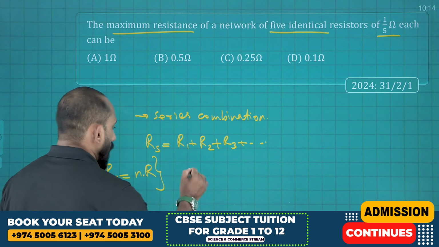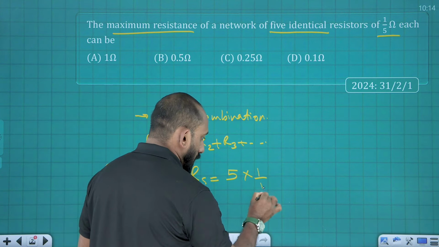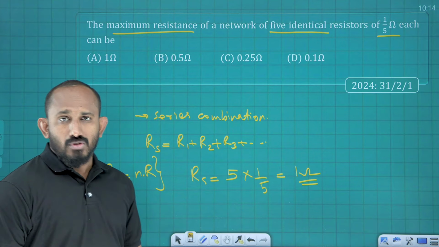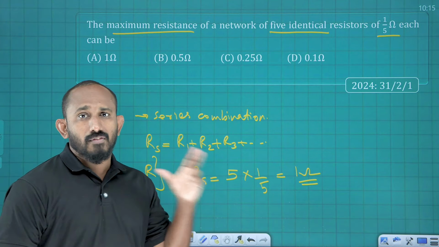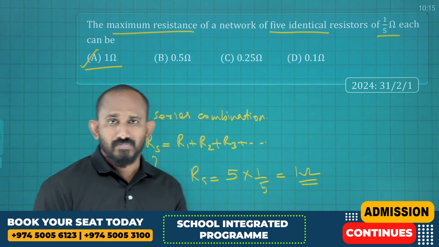So here Rs will be equal to 5 into 1.5, and you will get 7.5 ohm. So 1.5 ohms, 5 of them counted in series, we get 7.5 ohm as the maximum. That is the answer. Have we got it?